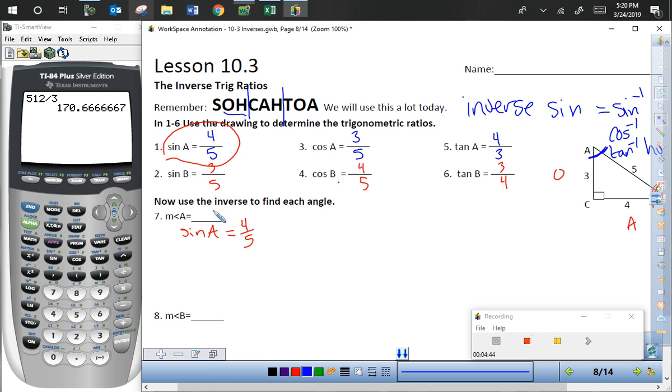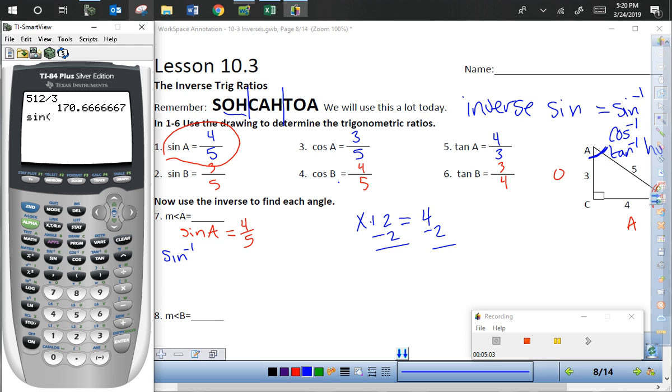Okay, so here's how we write it. What we do to one side, it's really important that we do to the other, just like with our x plus 2 equals 4. We had to subtract 2 from both sides. Same thing over here. We're going to take the inverse of both sides. But because when we type in sine, it opens a parenthesis, that's how it works with the inverse too.